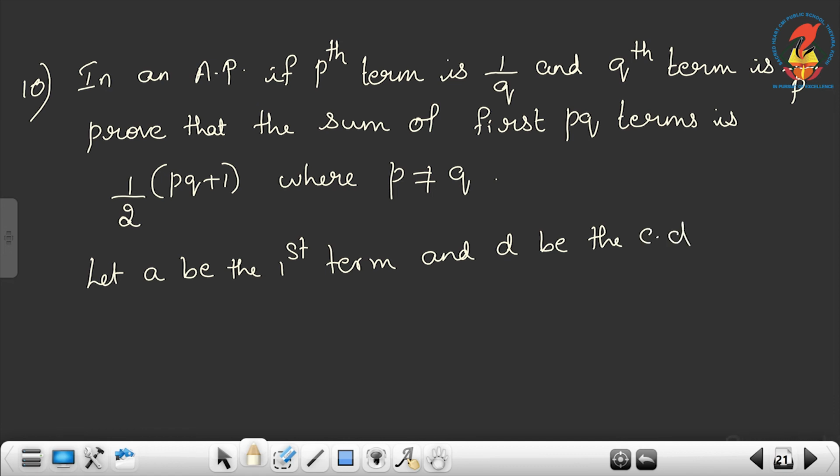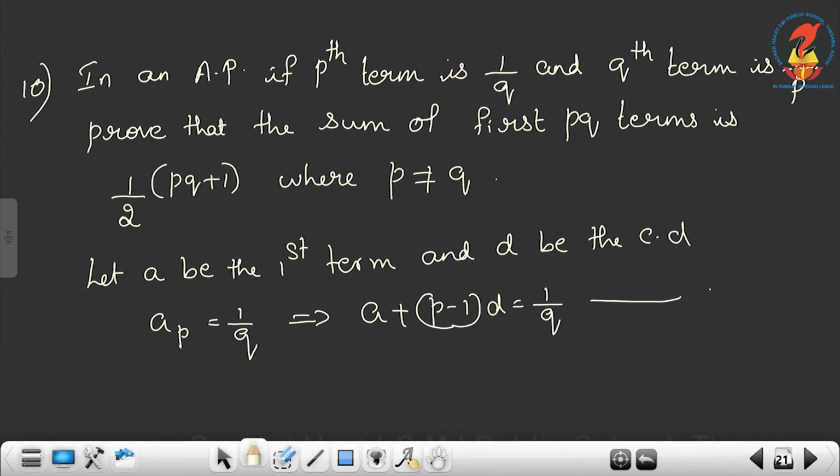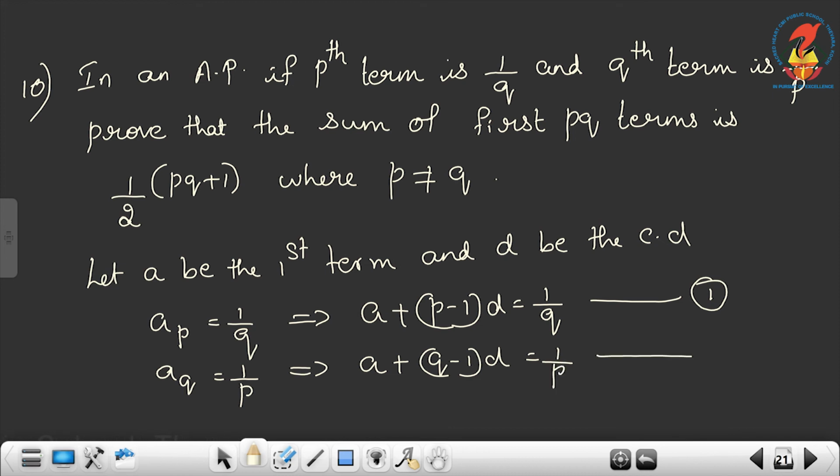Okay. Then AP is given as 1 by Q, correct? Which implies A plus P minus 1 into D is 1 by Q. Equation 1. Now AQ is given as 1 by P. That is A plus Q minus 1 into D is 1 by P.